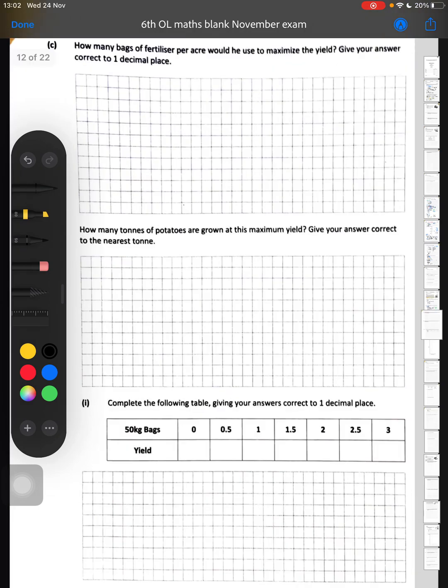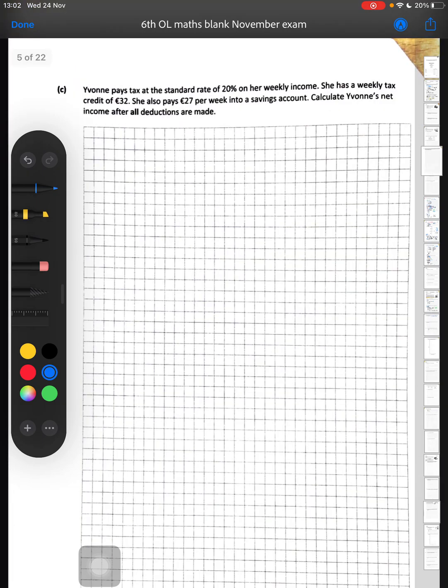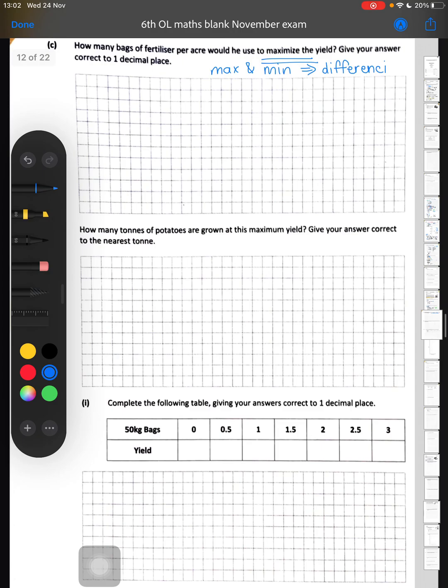And then the next page says, how many bags of fertilizer per acre would he use to maximize the yield? So maximize, straight away we go to what we think of when we see max and min. We go to differentiation. So we need to differentiate the equation we had.